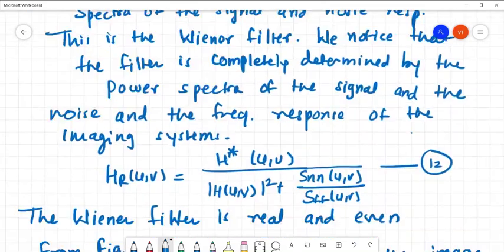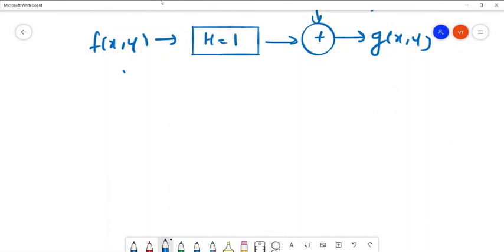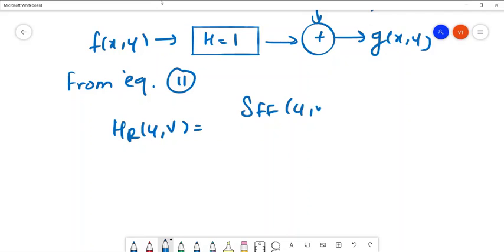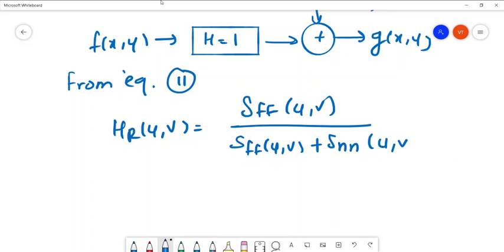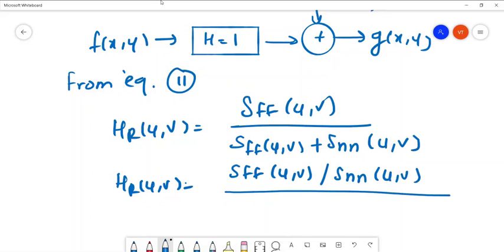From equation 11 we get Hr(u,v) equal to Sff(u,v) upon Sff(u,v) plus Snn(u,v), which can be written as Sff(u,v) upon Snn(u,v) divided by 1 plus Sff(u,v) upon Snn(u,v).